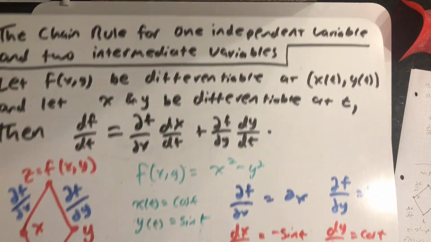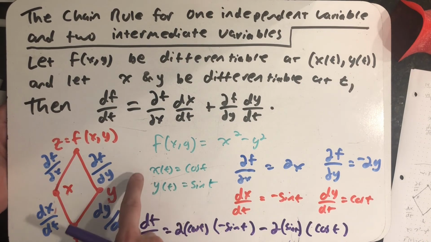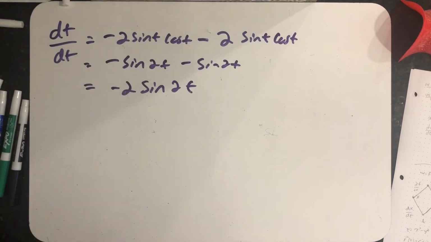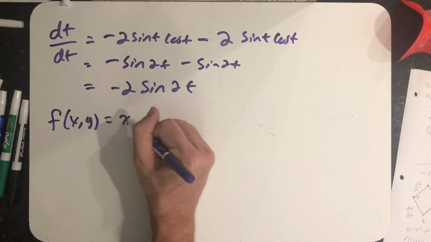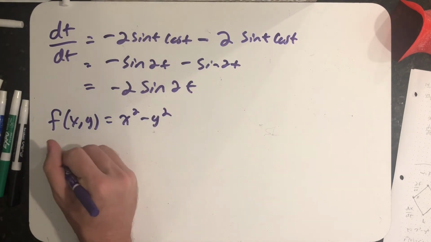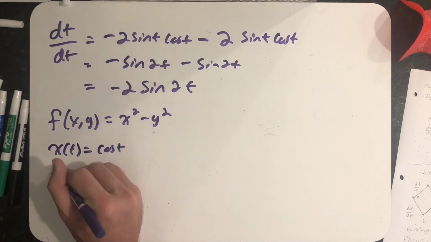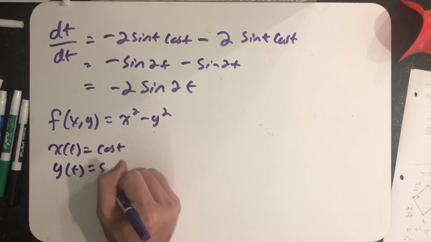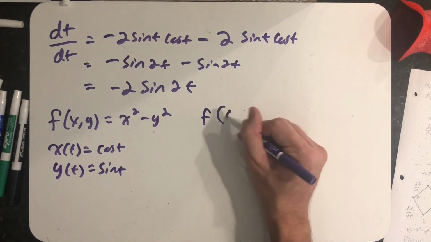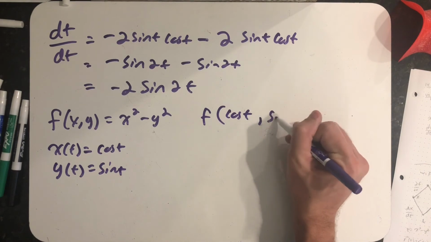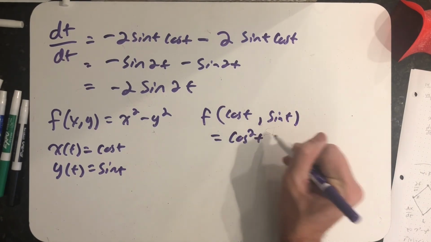Okay, well, let's see if I can really convince you that's true just by coming back to what f is and what x and y are. So, another way to think about this is through substitution. Plug x in for x and y in for y, and I create a function on the variable t.